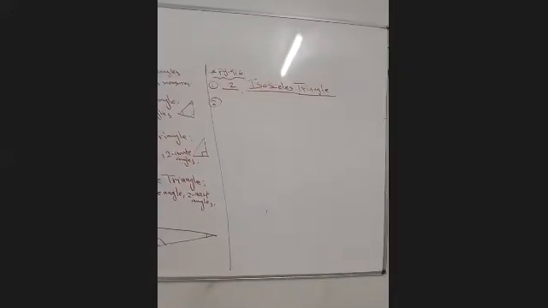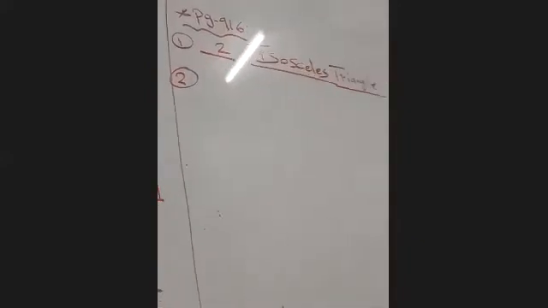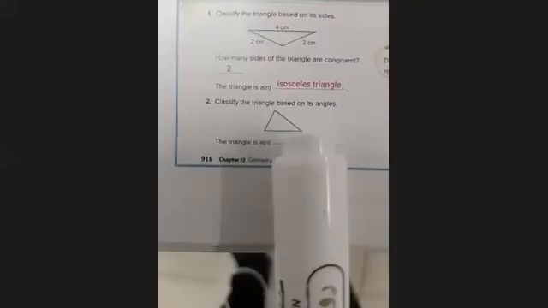Question 2. Omar, put your hands up, guys. Participate. Yes. Question 2. Classify the triangle based on its angles. Nice. Look at the angles: big, small, right. What do we have here? They are less than 90 degrees. Good. So what do we call it? Acute angles.